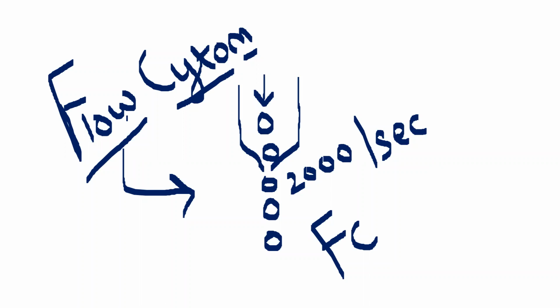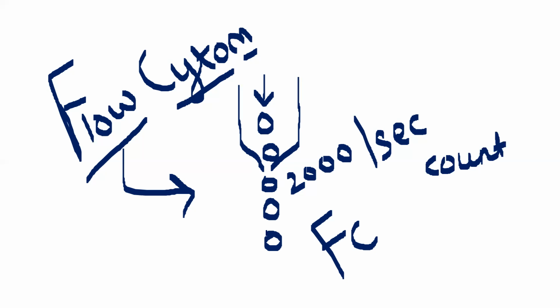Now, what are the capabilities of flow cytometry? What parameters can our flow cytometer detect? The first one is counting. We get the count of cells automatically, the number of cells passing through per second. So we got the data of counting of cells.